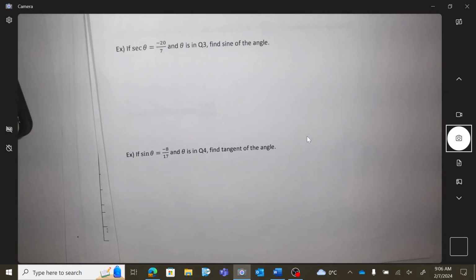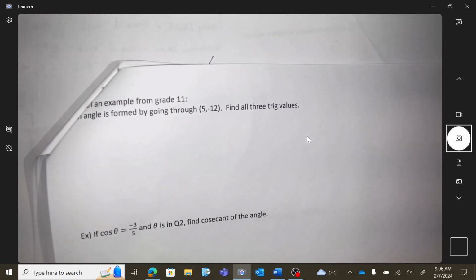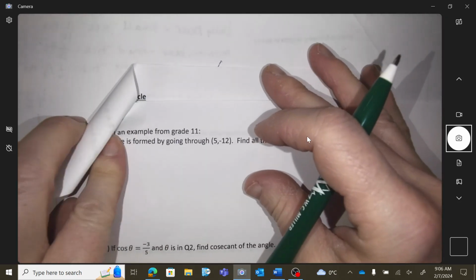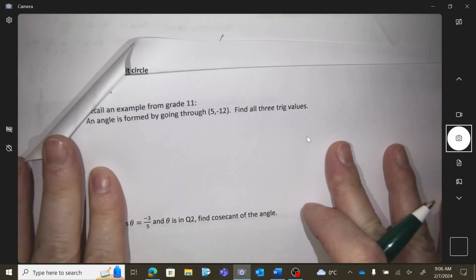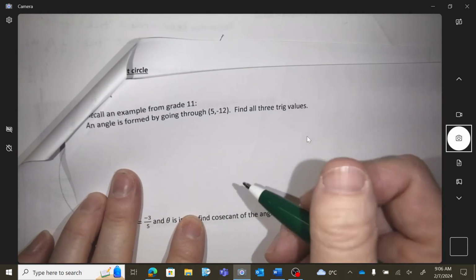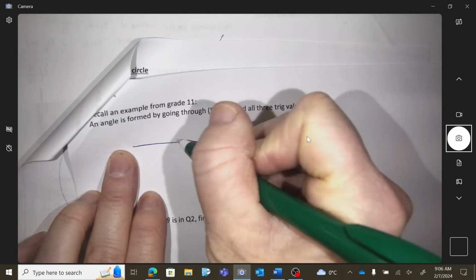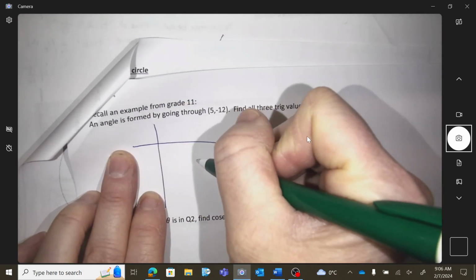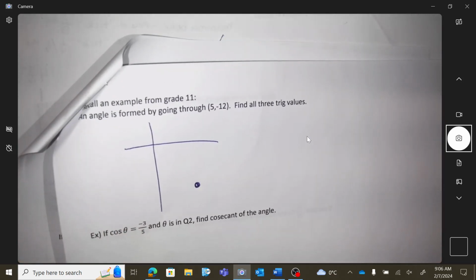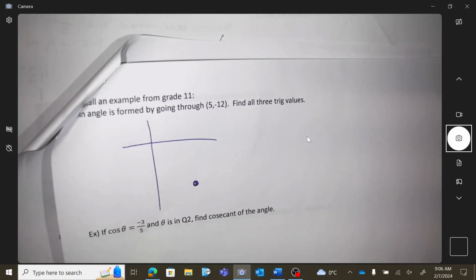Okay, so here's a question from your grade 11. I took it right out of the book. So there's an angle formed going through the coordinate 5, negative 12. So where would that coordinate be on a graph? 5, negative 12.